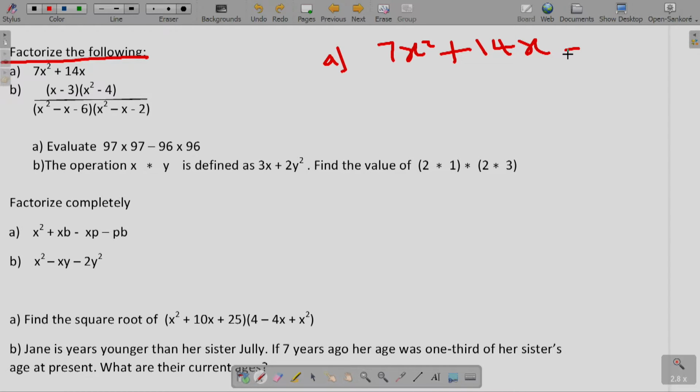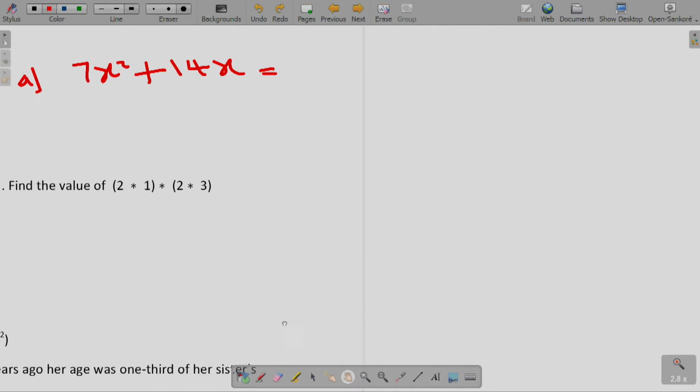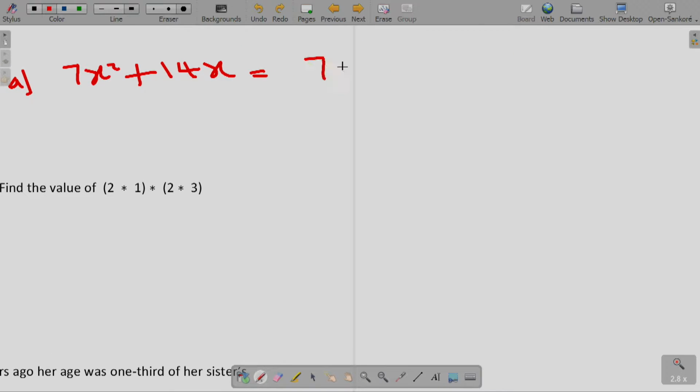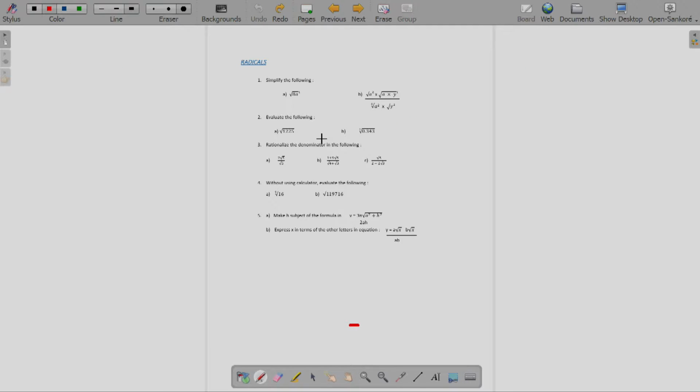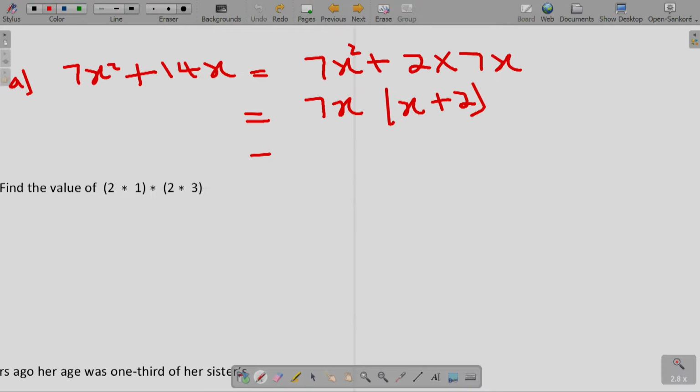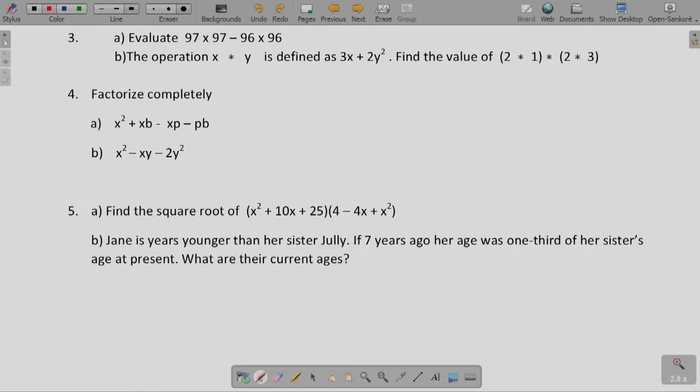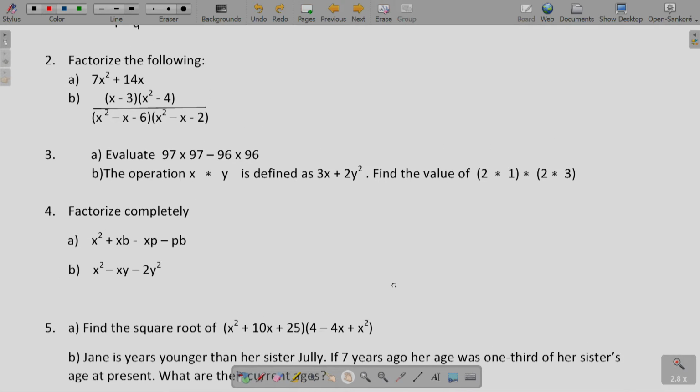So this is equal to 7x plus 14 is equal to 2 times 7x. So here we can take 7x as a common. So here remain x plus 2. And this is the answer.